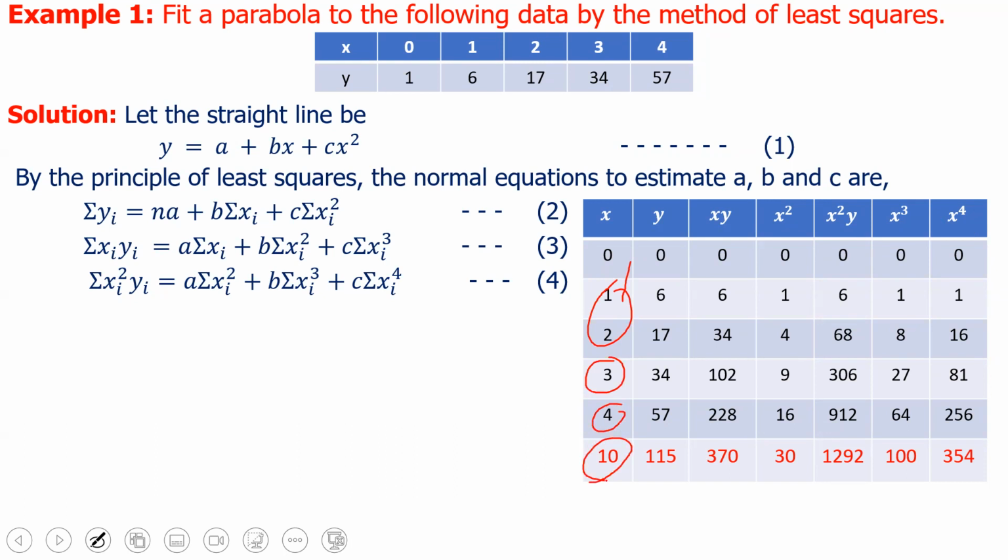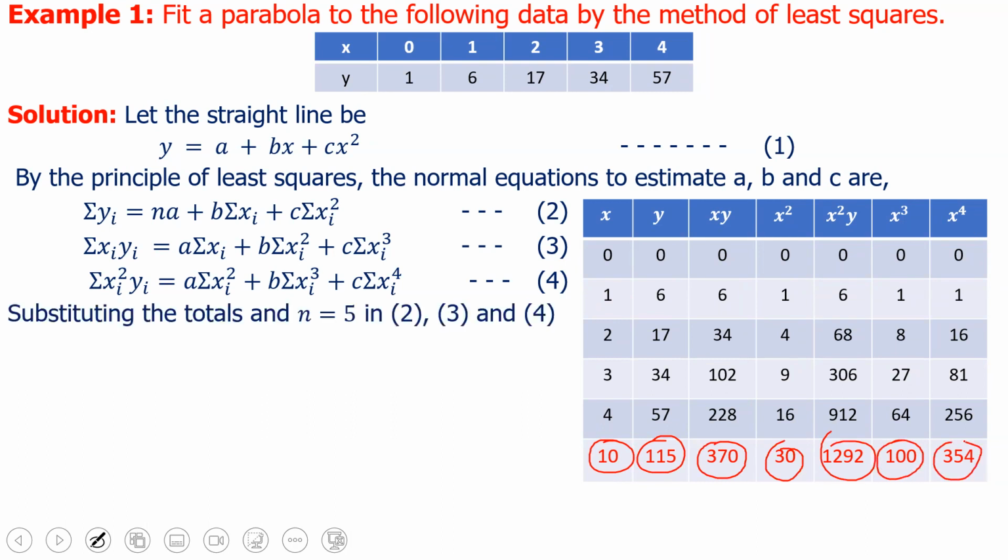Similarly, we add the columns of y, xy, x square y, x cube, and x to the power 4. We get the corresponding answers, given in red ink. These are the sums of all these columns.